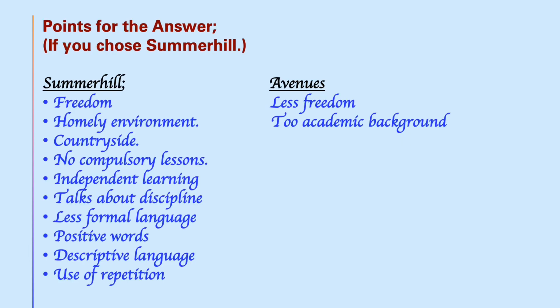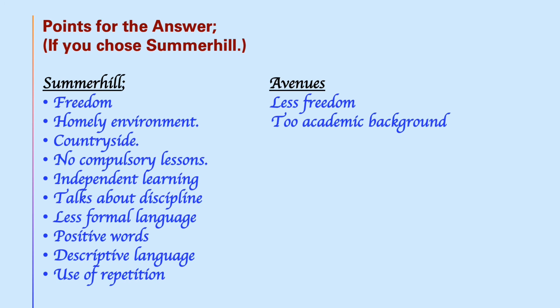Here are some points for your answer. If you choose Summerhill, you can write about freedom, homely environment, countryside, no compulsory lessons, independent learning. The writer talks about discipline. Out of these few points, you can select 2 points.